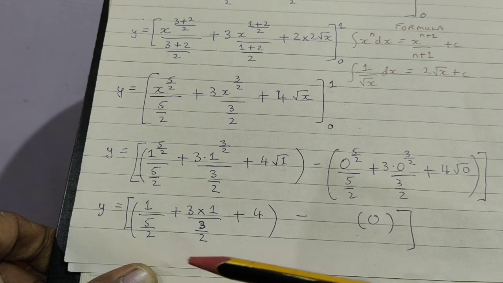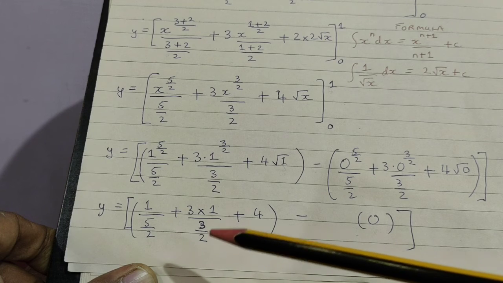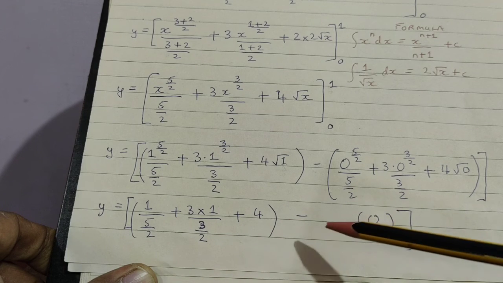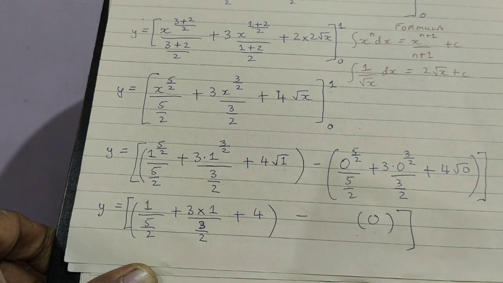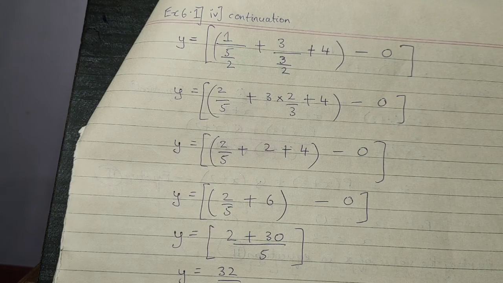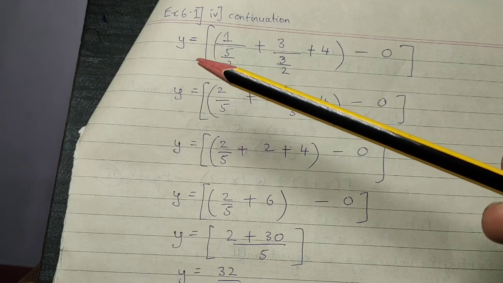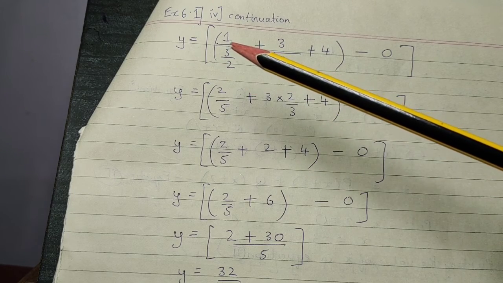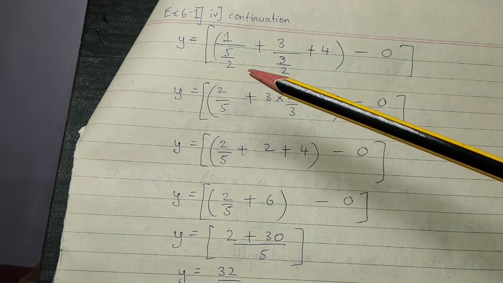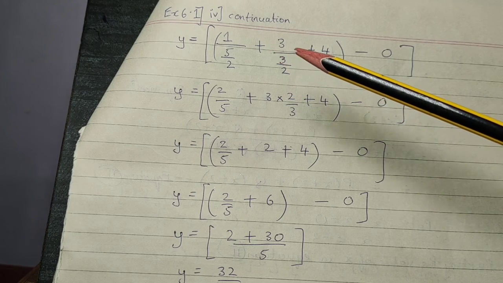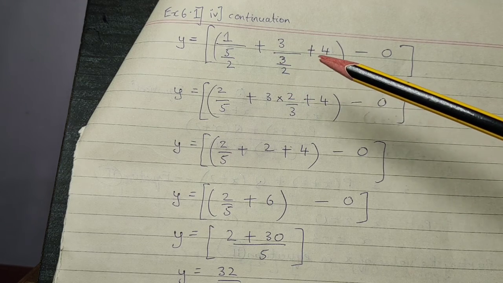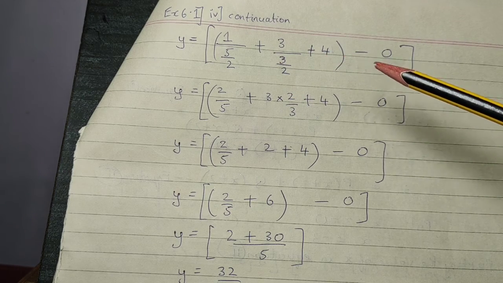So you will get this term where you had kept 1, and here minus 0. Now previously we have seen y is equal to 1 divided by 5 by 2, plus 3 divided by 3 by 2, plus 4, and this term had become fully 0.